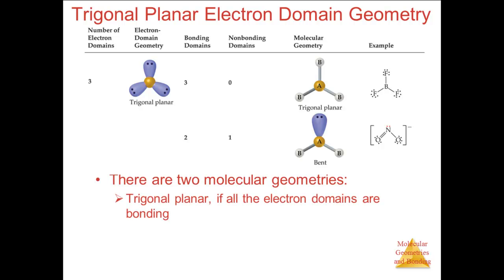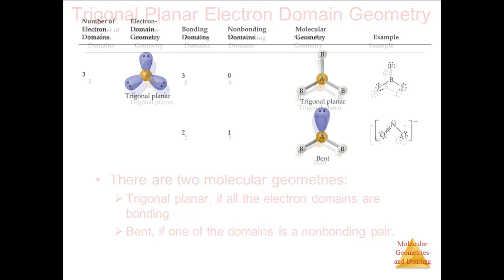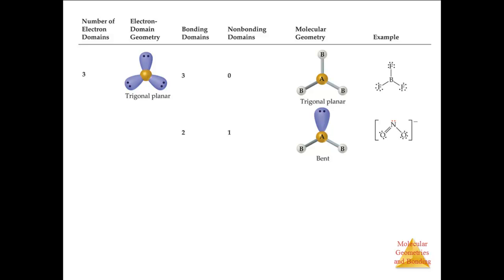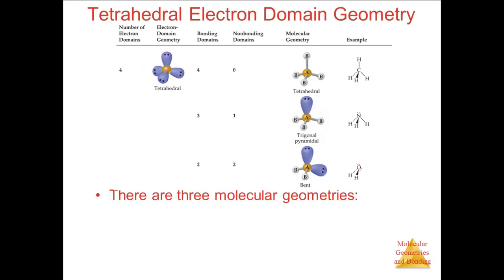The trigonal planar domain geometry has 2 possible geometries. Trigonal planar if all the domains are bonding domains, and bent with an angle near 120 degrees if one domain is a non-bonding domain. The tetrahedral domain geometry has 3 possible molecular geometries.